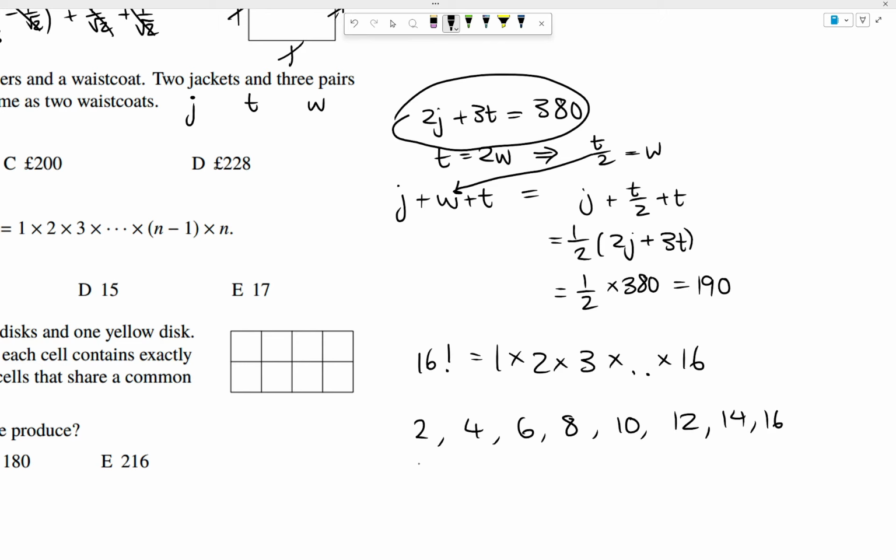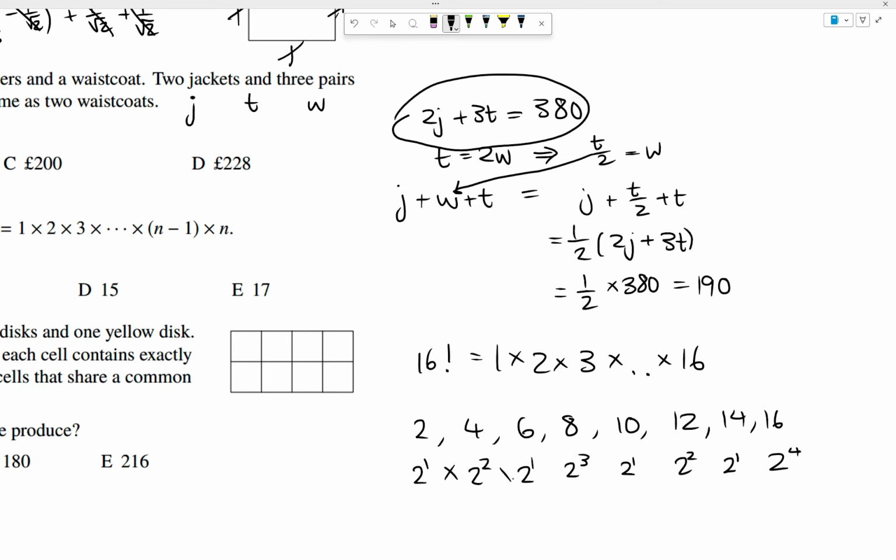Okay, and now I'm going to list the highest power of 2 which divides all of these even numbers. So this is 2 to the power of 1, this is 2 squared, this is 2 to the power of 1, this is 2 cubed, this is again 2 to the power of 1, this is 2 squared, 2 to the power of 1, and then 2 to the power of 4.